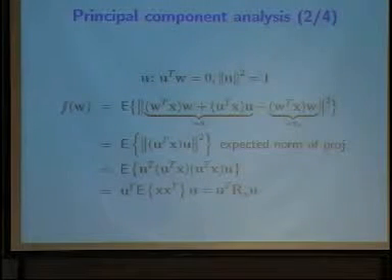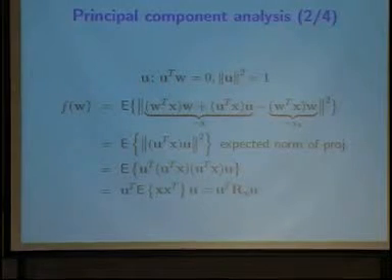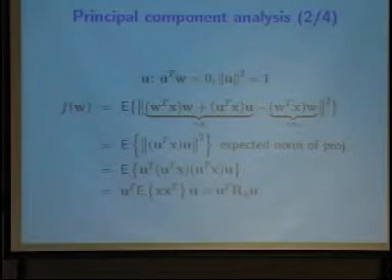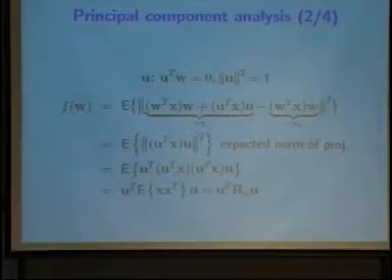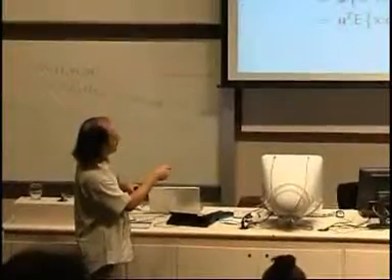And so then these two terms cancel out, and what we have is this kind of a thing. Now, when you express this norm, the square of the norm of a vector is simply the transpose of the vector times the vector itself. So here we have the transpose of the vector and the vector itself.